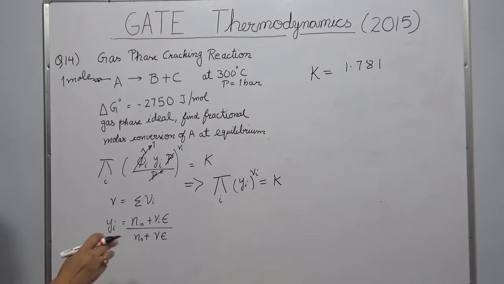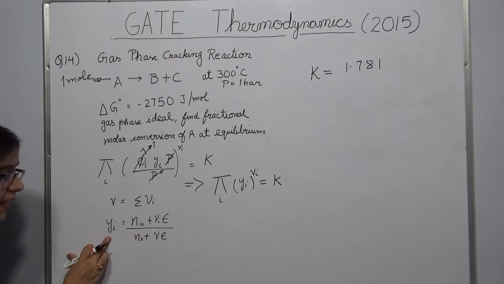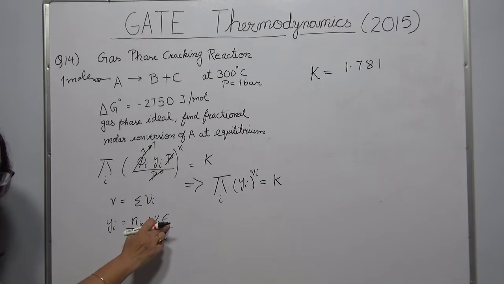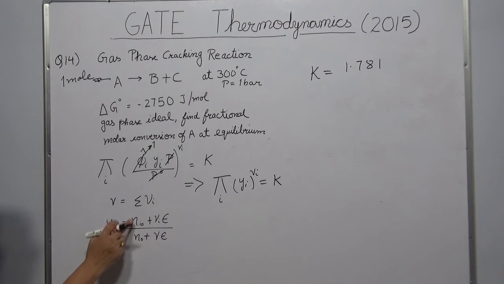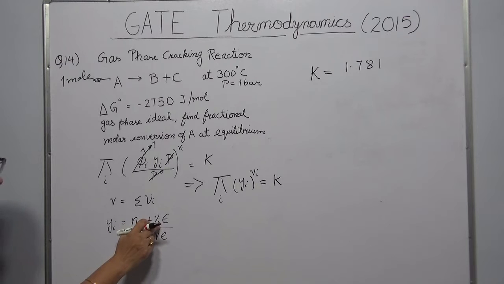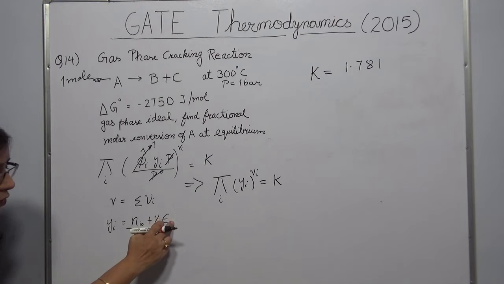Okay. Now, how do you find your yi in terms of your extent of reaction, which I am referring to as epsilon? Okay, that is Ni0, the initial number of moles of the ith component, plus nu I, the stoichiometric coefficient of that particular species I, multiplied with the extent of reaction.